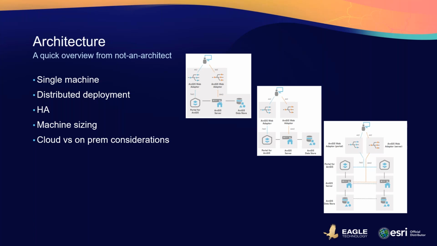The HA, or high availability deployment, has multiple instances of each ArcGIS component. The idea is to increase redundancy and reduce downtime should there be an issue with any of your individual components. There's the second component there that it can leverage and still return requests.